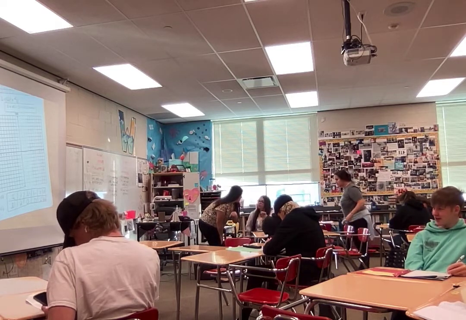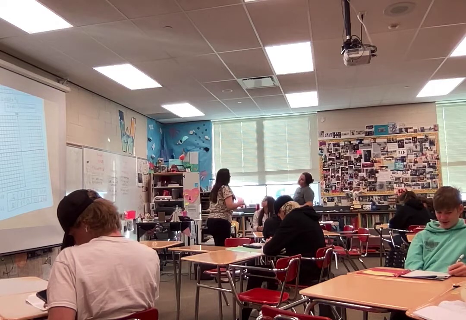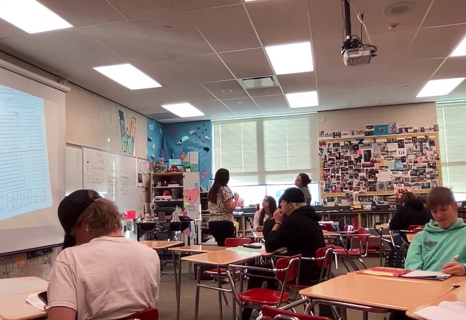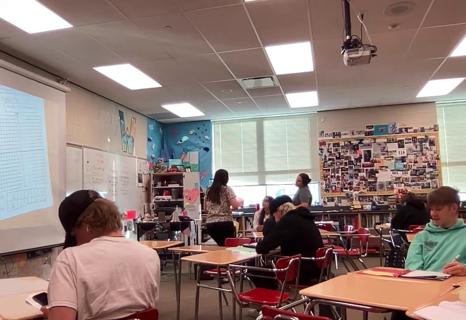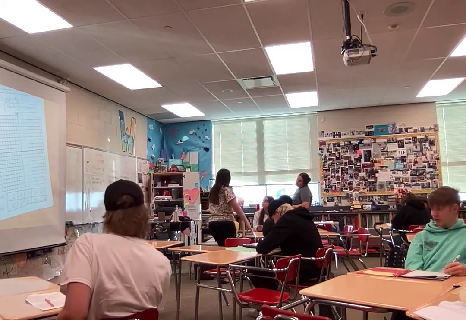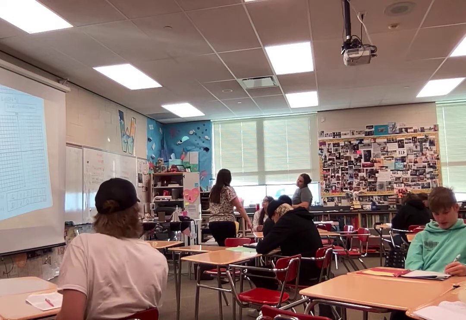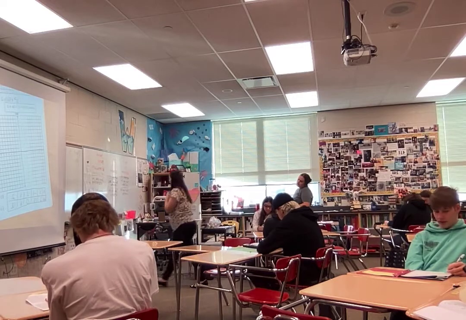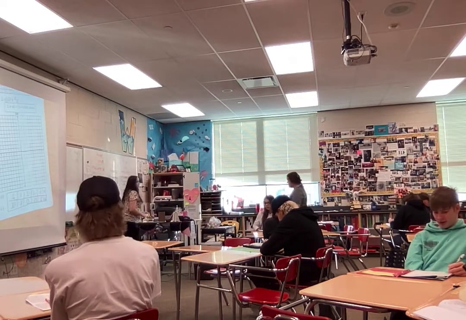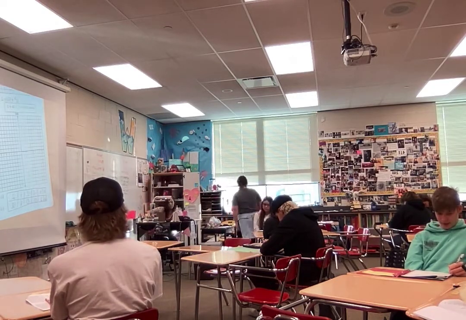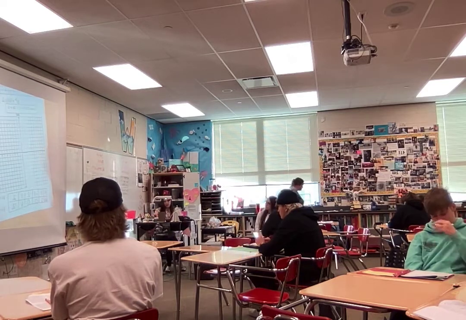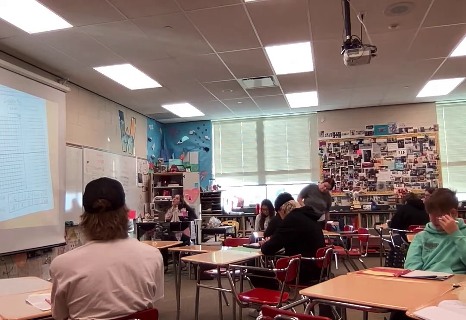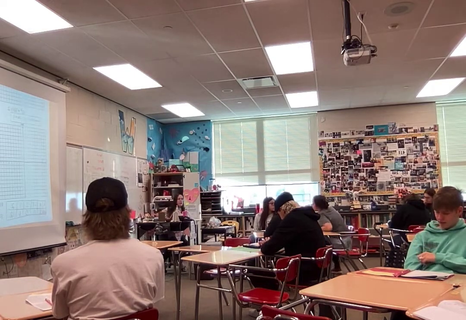Okay, great. Thank you. So now that I have my table, you all should know how to plot that on the graph, because that's what we did first thing, right?